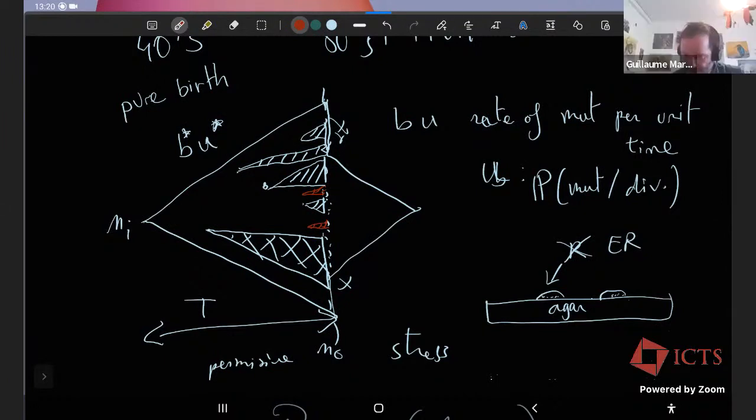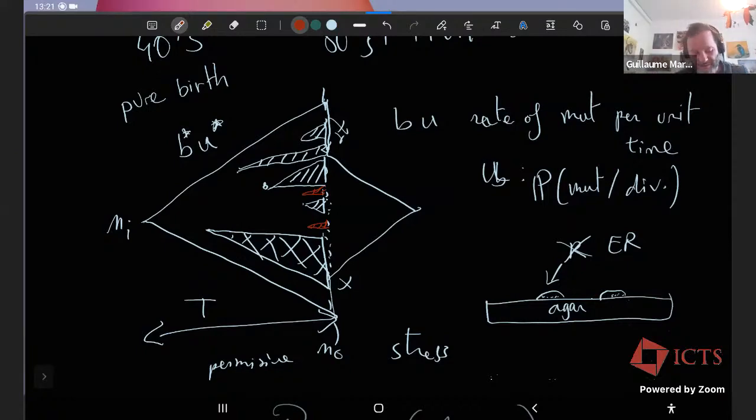This is a known thing, that a population that is expanding tends to have more diversity, and a population that is decaying tends to have less diversity than a population that is stable.